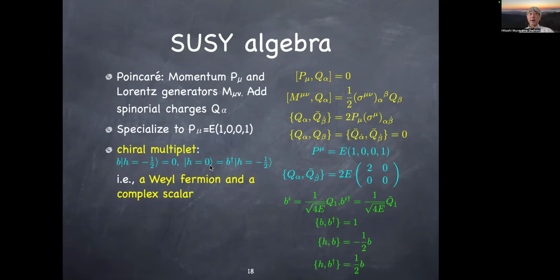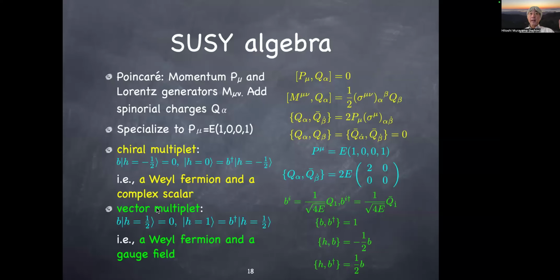Namely, you find a multiplet of a Weyl fermion, left-handed because of negative helicity, and a complex scalar with spin 0. So you find this supermultiplet of a spin 1/2 fermion and a complex scalar particle. If you choose the ground state to be helicity 1/2, you can increase the helicity by b dagger to helicity 1, and helicity 1 has to be a gauge boson.